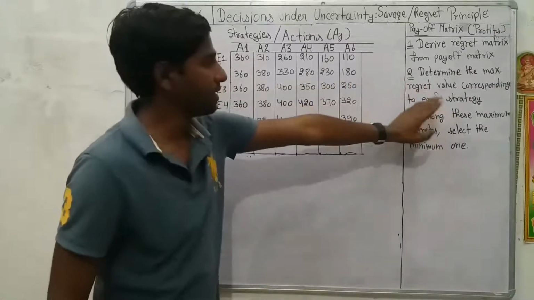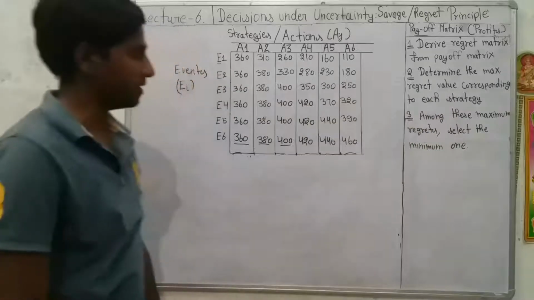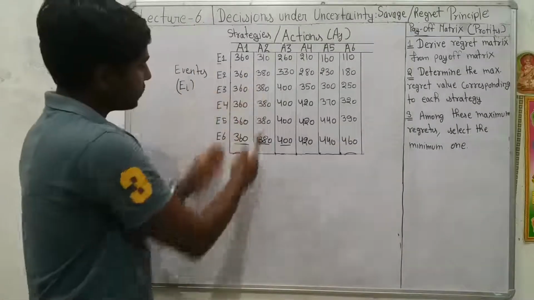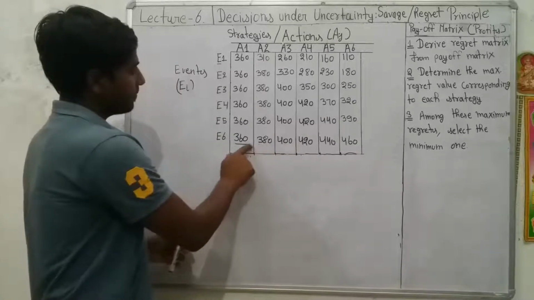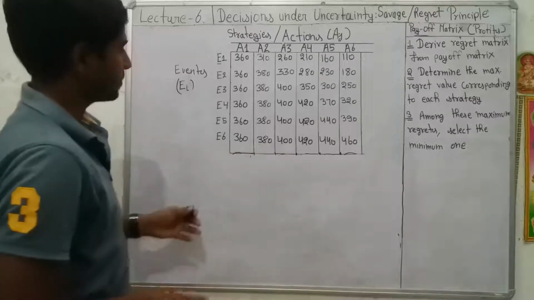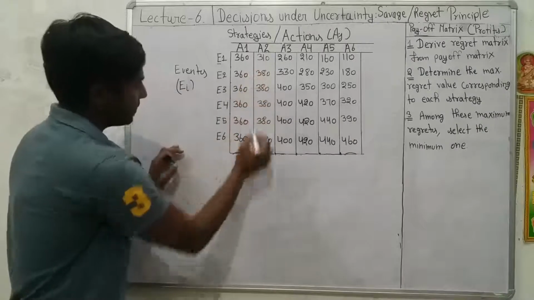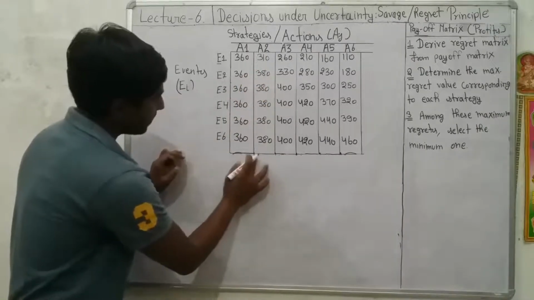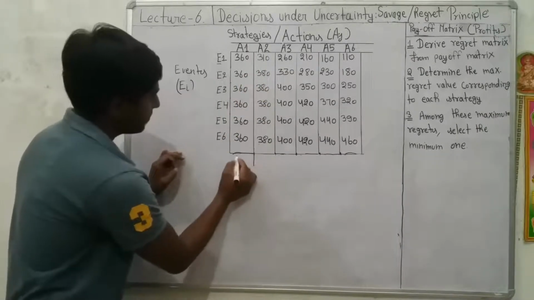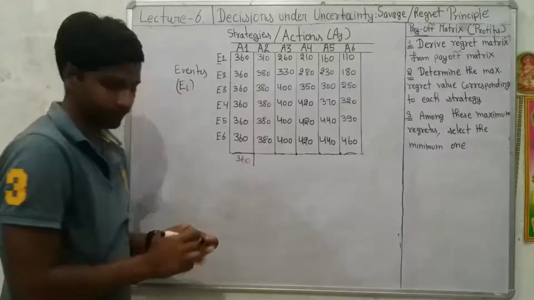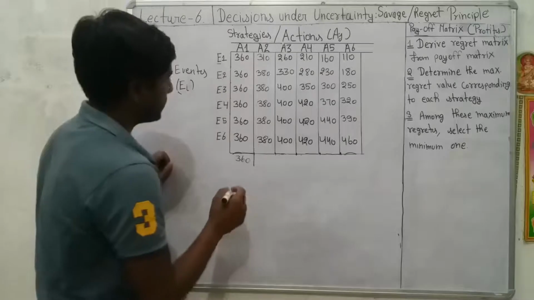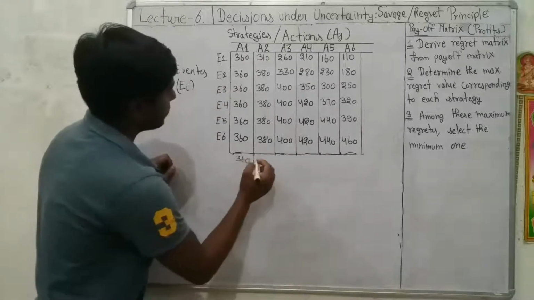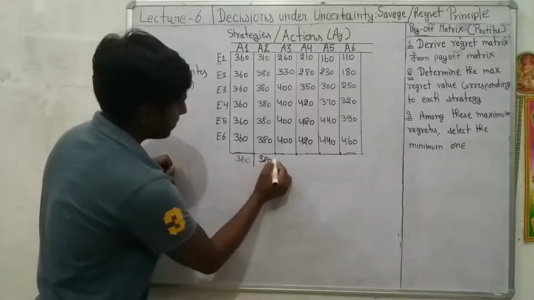Determine the maximum regret value corresponding to each strategy. So corresponding to each strategy, we need to determine the maximum regret value. In the first case, for strategy 1, the maximum regret value is 360. For action 2 or strategy 2, the maximum regret value is 380.